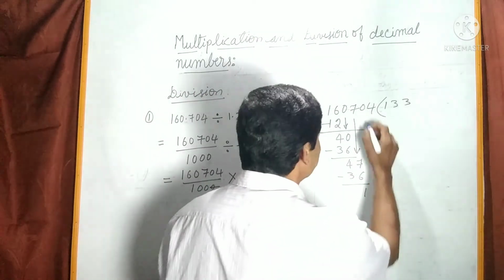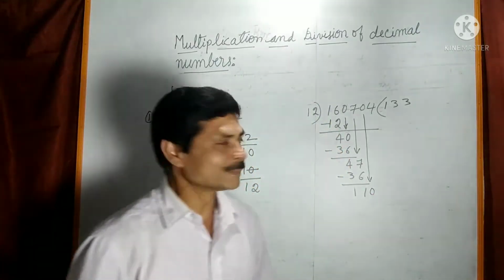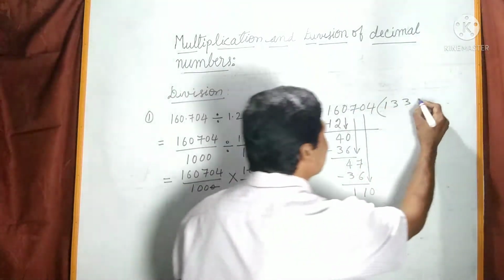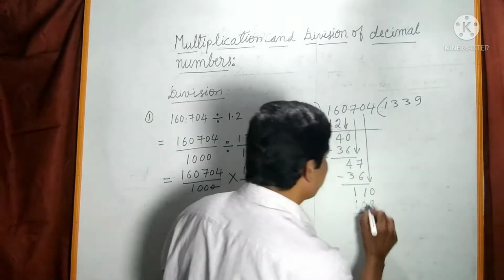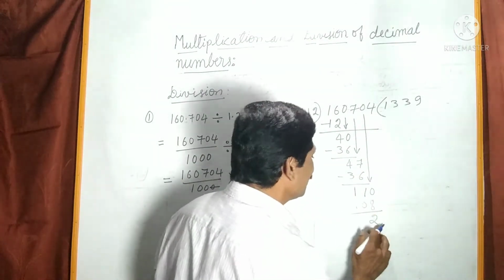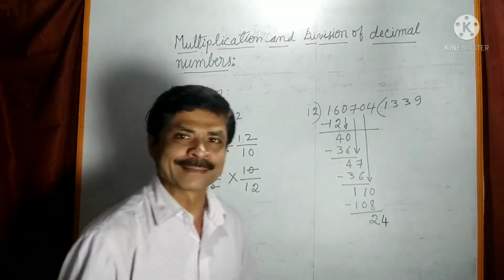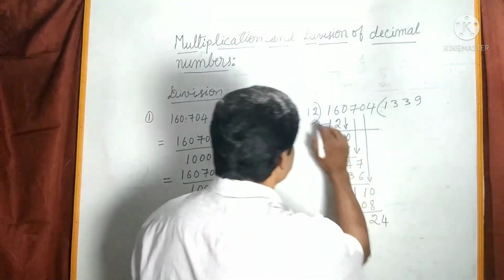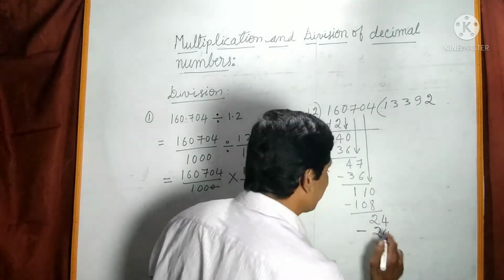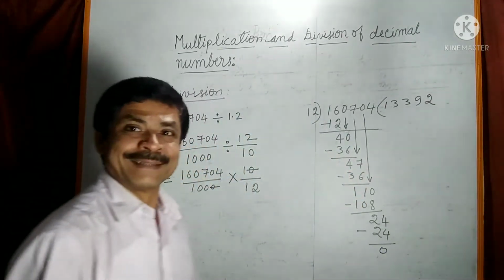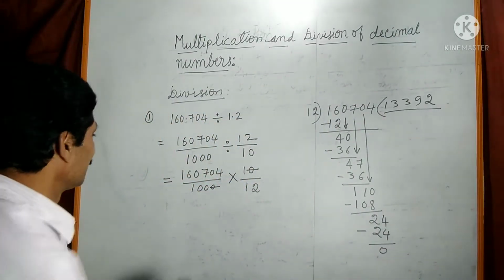Now we'll pull down 0. 12 9 is a 108. 110 minus 108 is equal to 2. We will pull down 4. 12 2 is 24. 24 minus 24, 0. So now the quotient is 13392.